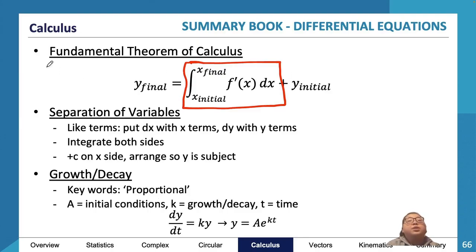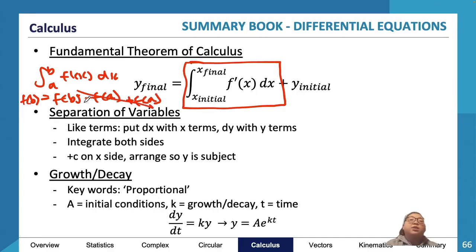And why this works is essentially because the integral from a to b of f dash of x dx is going to equal f(b) minus f(a). So if you're trying to find f(b), all you have to do is add f(a) in the end to get rid of that, and you'll get your f(b) to find what the value is going to be. Good.